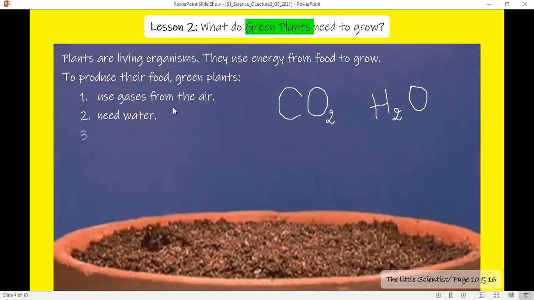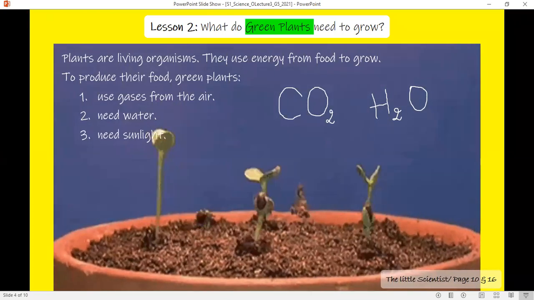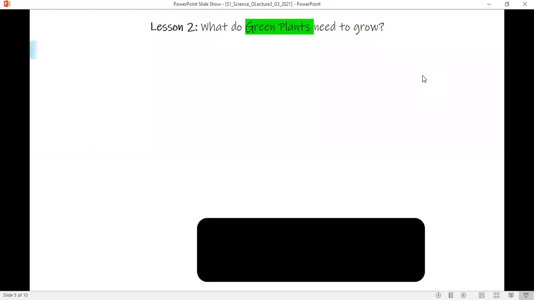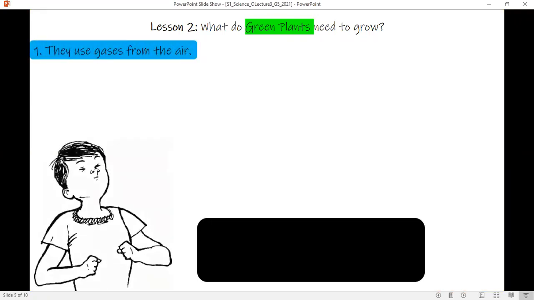Plants also use sunlight energy. How does a plant get its needs? Let's start with the carbon dioxide. To breathe, to exchange air with the environment, we use our nose.